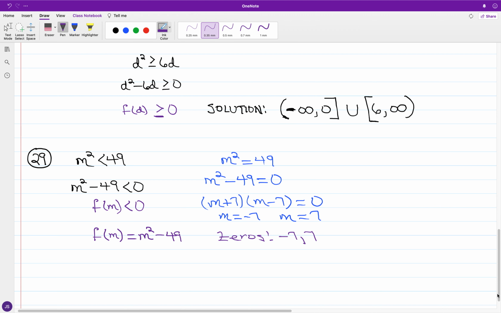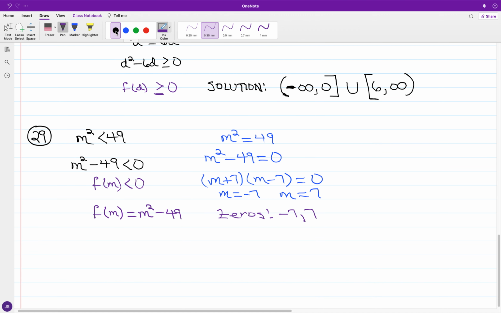All right, so in setting up a table of intervals, with negative 7 as the smaller zero, we have those values of x less than negative 7. And then we have those values of m. I think I might have said letter x, but I meant the letter m. So you have between negative and positive 7.